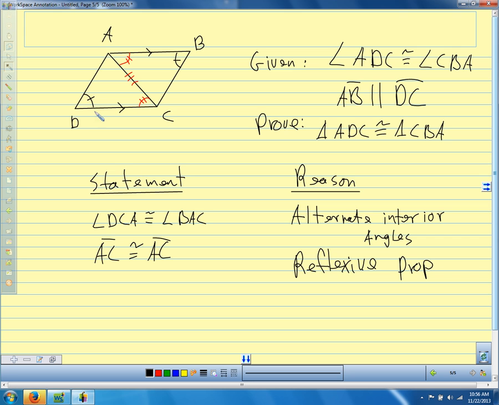Now what kind of arrangement do I have for my triangles? I have angle, angle, side, and they're in the right order. So I can say now that finally, that didn't take too long, triangle ADC is congruent to triangle CBA by angle, angle, side.